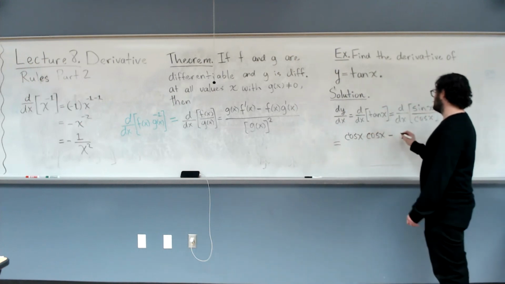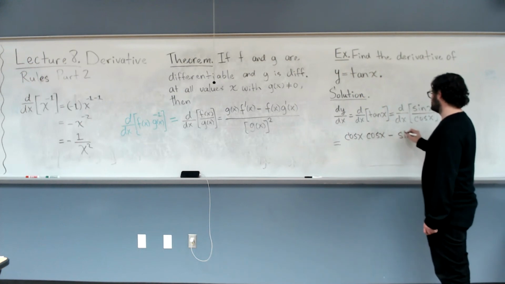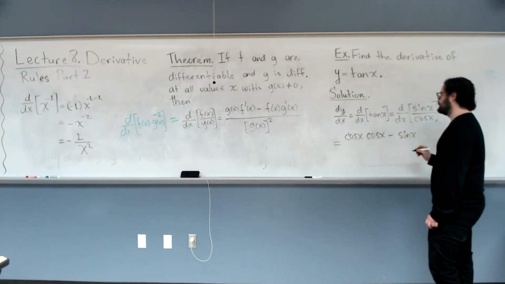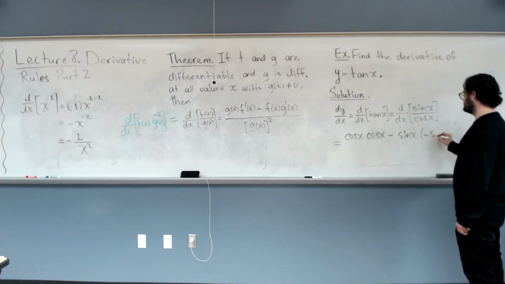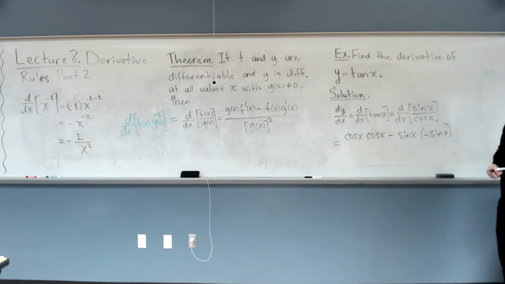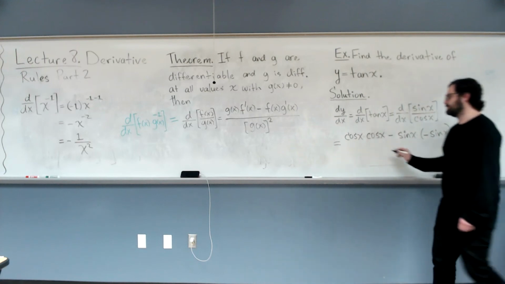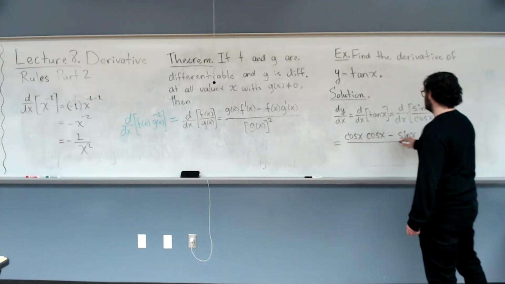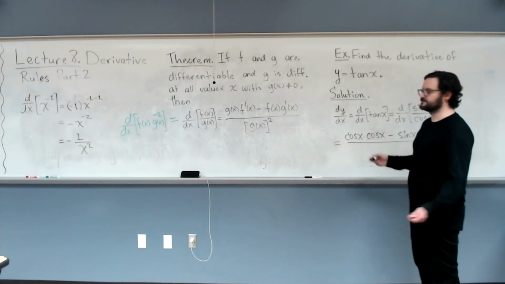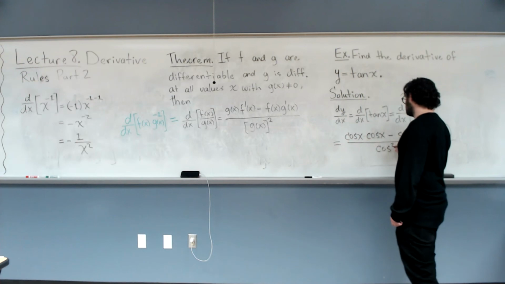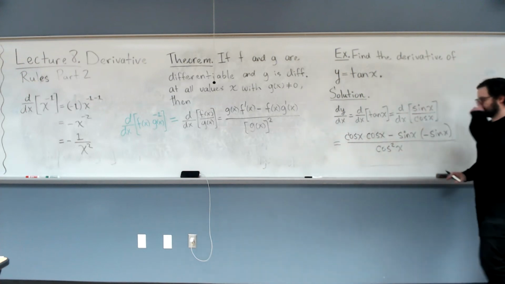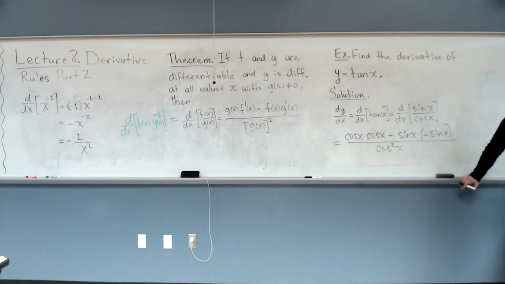Minus the numerator times the derivative of the denominator. All over cosine squared. That is the solution. But again, this isn't how it would appear as an answer choice.